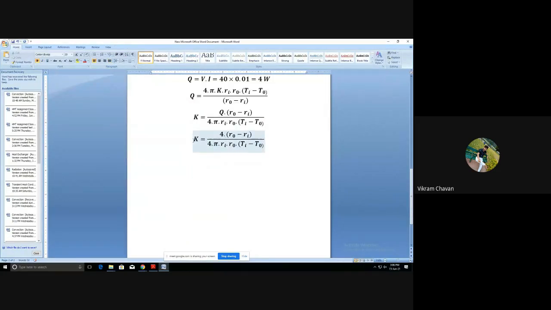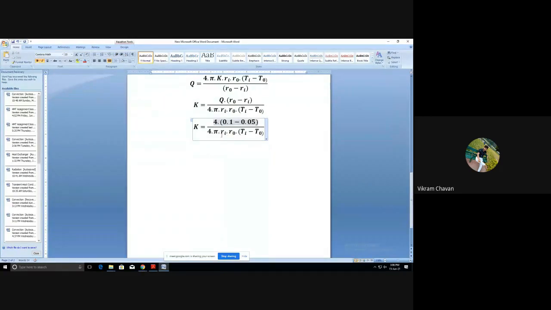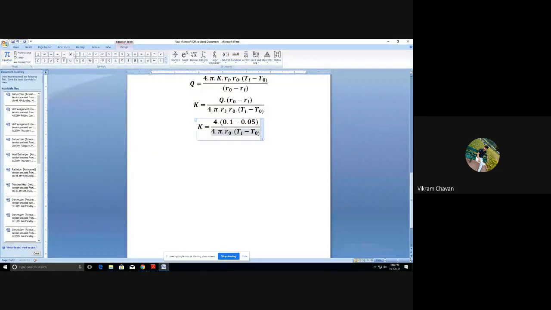Okay, so R naught minus Ri is 500 into 10 raised to minus 3, so that will be 0.1, and R naught will be equal to 0.05, divided by 4 pi multiplied by 0.1 multiplied by 0.05.